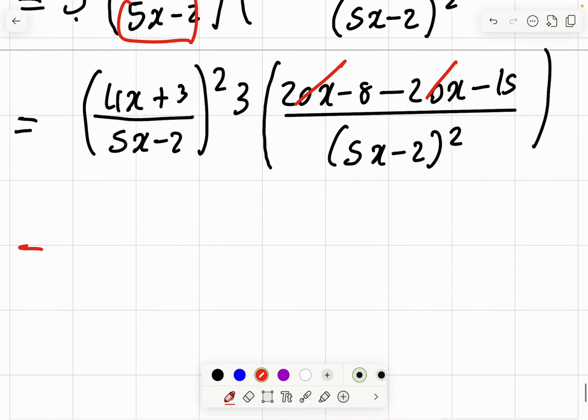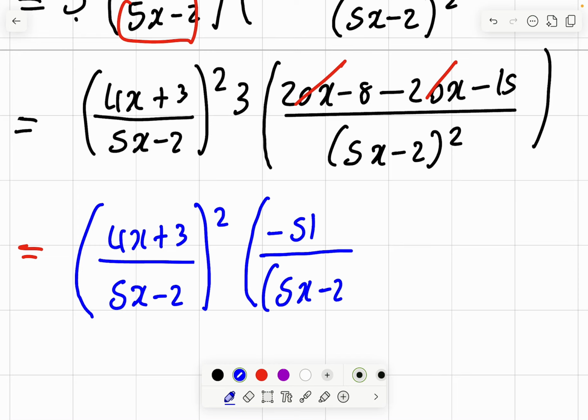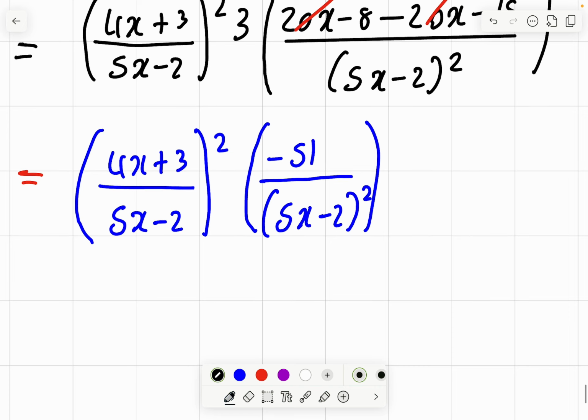So my answer is going to be 4x plus 3 over 5x minus 2 all squared. Therefore, I have negative 51 divided by 5x minus 2 all squared. Right? That's my final answer.